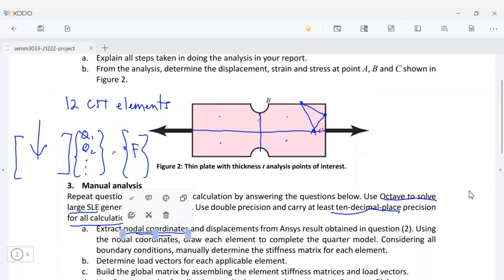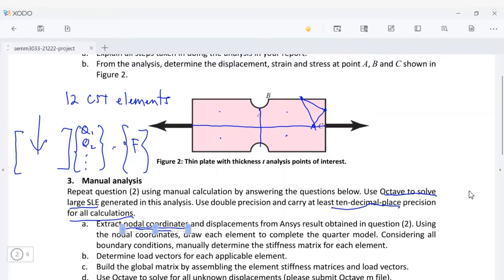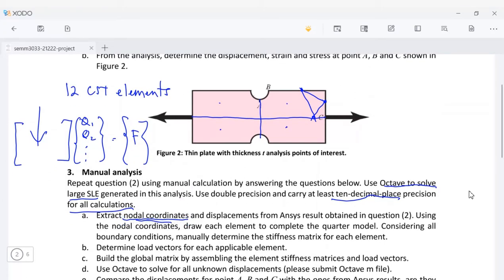For example, maybe this is element number 1, and this is element number 2. So you can take a look at the files, and they tell you the coordinates for element number 2. There's no issue. You can extract the nodal coordinates, but I don't remember if I have that in my video. Hopefully I have. So we can find all the coordinates for all the elements.